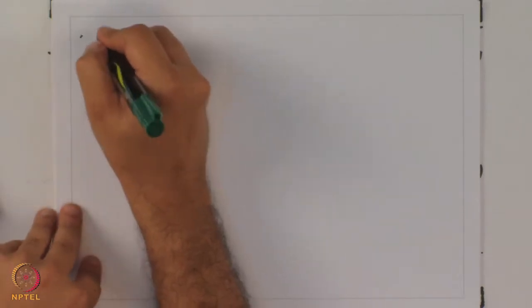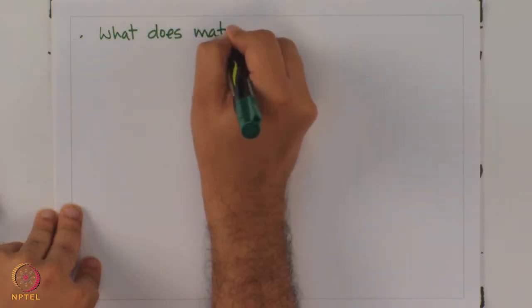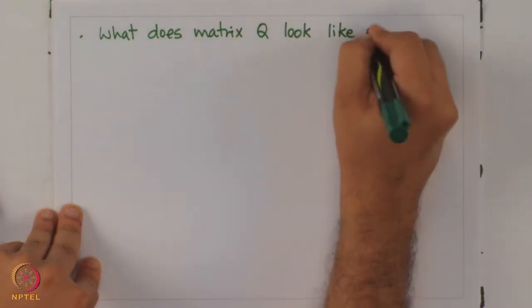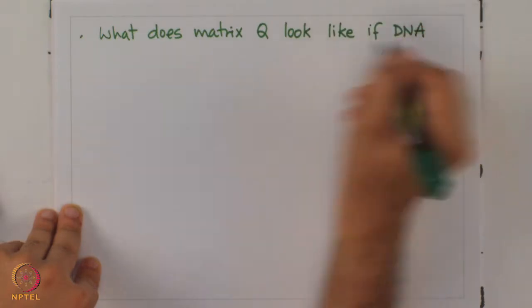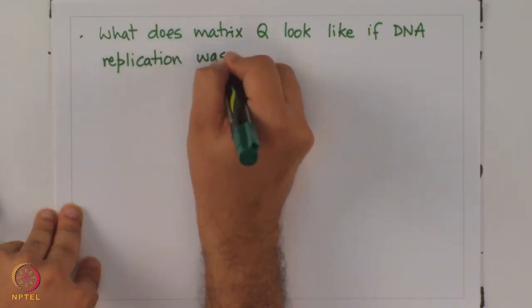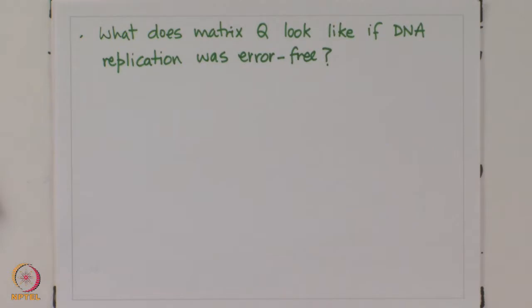How do we think about this? The first thing that I would like you to think about is, what does matrix Q look like if DNA replication was error free, which means that whenever a bacterium is dividing, it's copying its DNA to be passed on to the progeny, the DNA replication machinery, the DNA polymerase, does not make any errors whatsoever and it's 100% faithful.